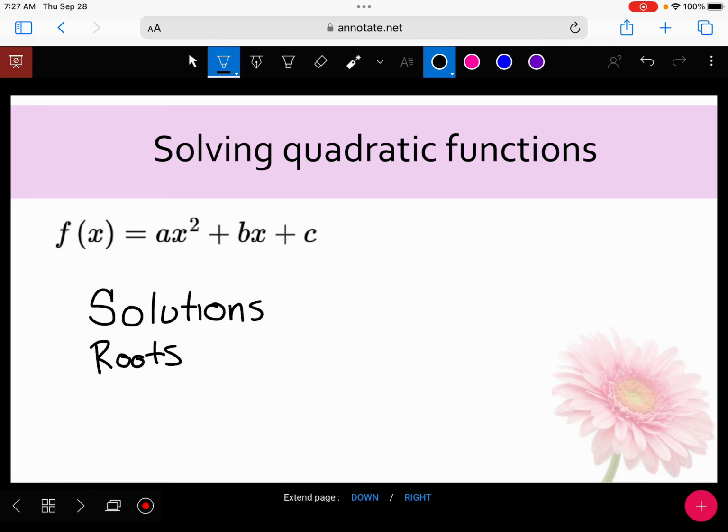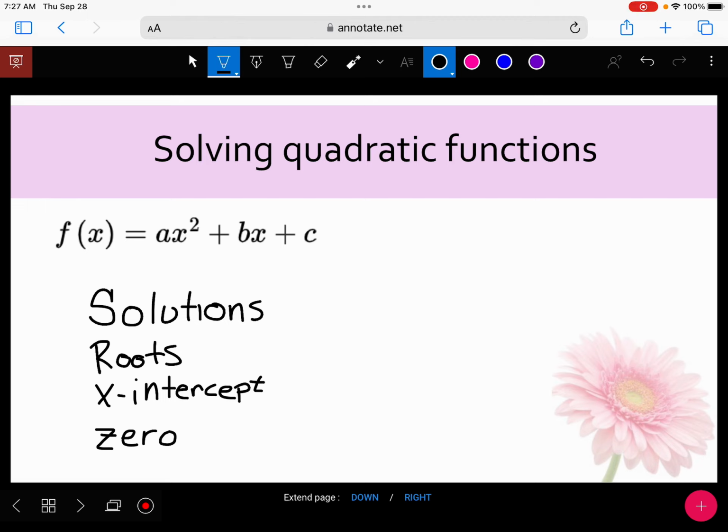This next one is going to be really helpful. It is called the x-intercept. Or it can be called the zero. All 4 of these words mean the same thing.